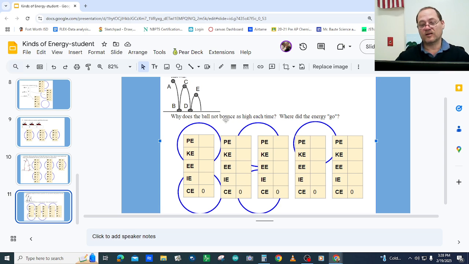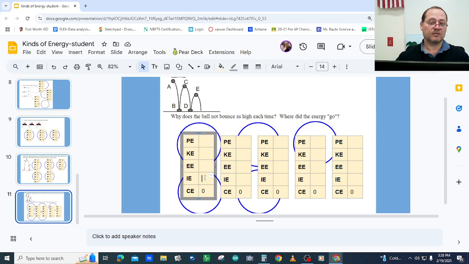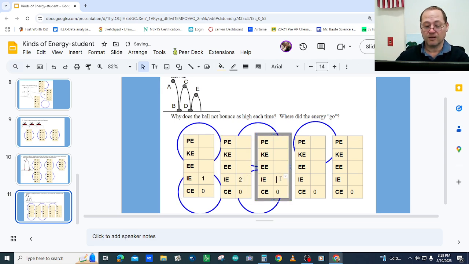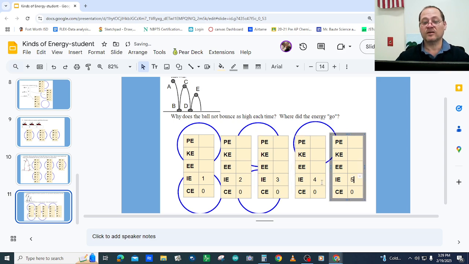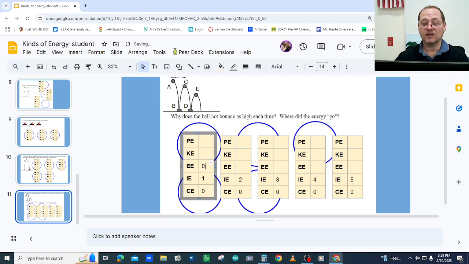All right, so let's add internal energies. And we're going to do the same, 1%, 2%, 3%, 4%, and 5%. Well, let's work on point A. There's no collision, so the elastic energy is 0.